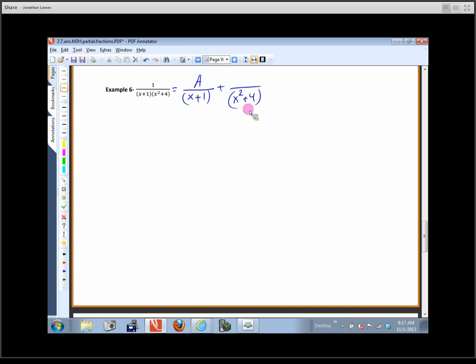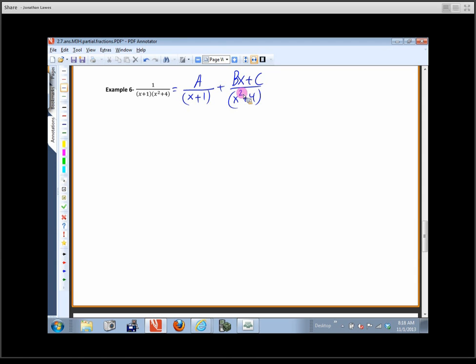That means it has an x in it. So this has got to be bx plus c; it could also have a plain old number on it. If you have a degree 1 polynomial, it's got to have an x, but it could also have a constant on the end. So if you've got a degree 2 factor, the numerator is going to be in the form of a number times x plus another number.